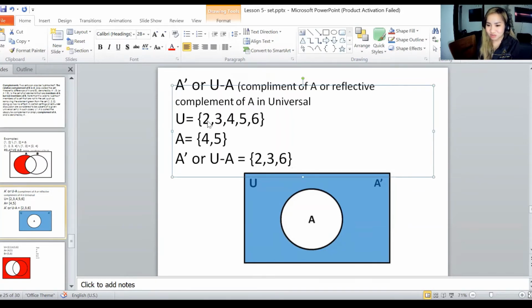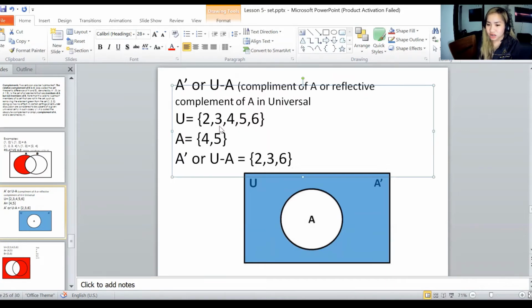So, meron tayong elements na 2 kay universal. Meron po bang 2 kay set A? Walang 2 kay set A, kaya kasama siya sa final answer. Dito naman po, 3. Meron po bang 3 sa set A? Wala rin, kaya kasama siya sa final answer.